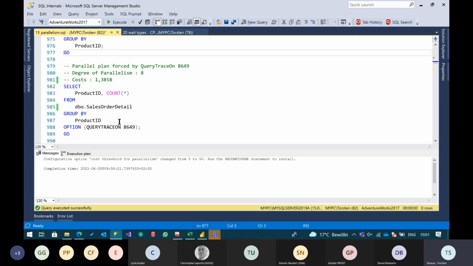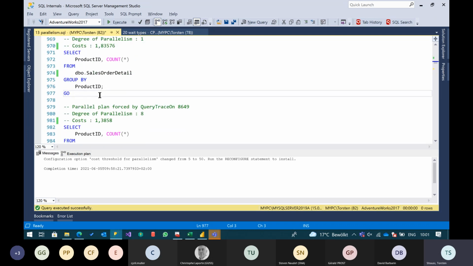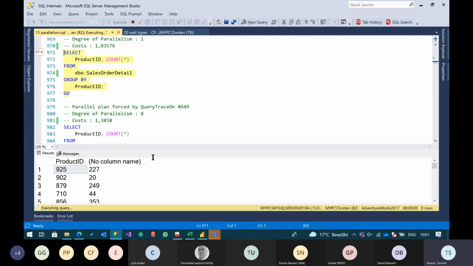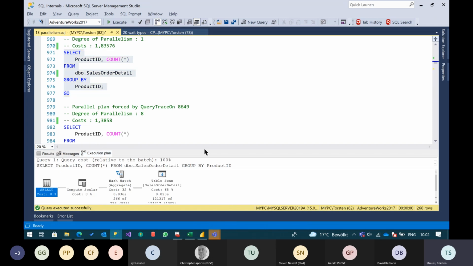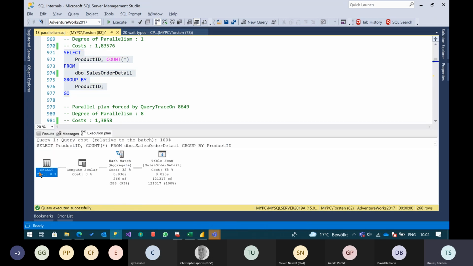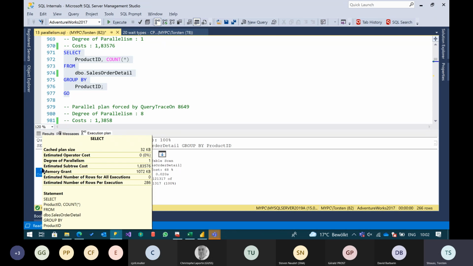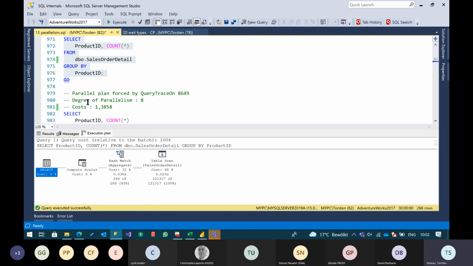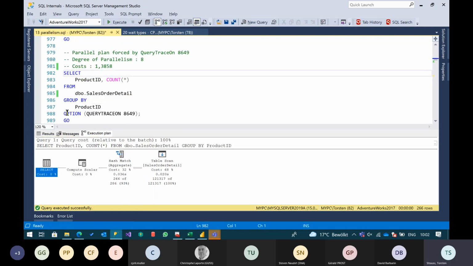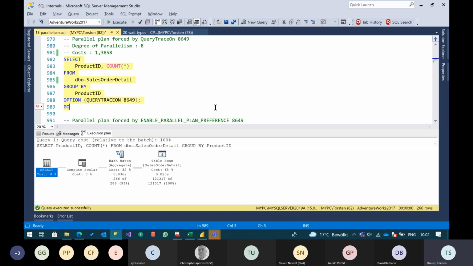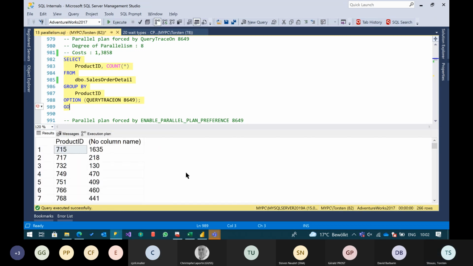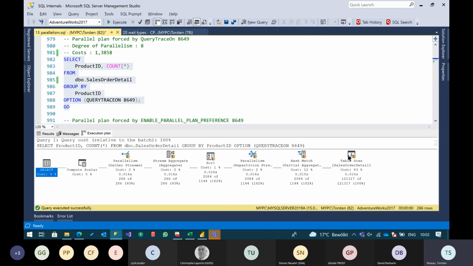Again, sometimes I want to see how a query looks in an execution plan when it runs in parallel. You can see this is the estimated subtree cost, which is almost 2. It is running in serial because of this. Now I execute the same query with query trace flag 8649. This time we can see the same query is running in parallel.